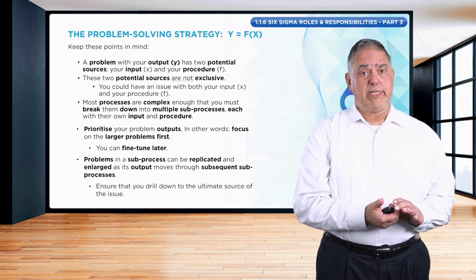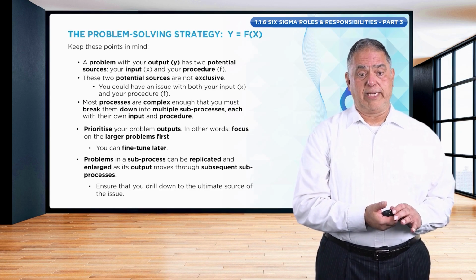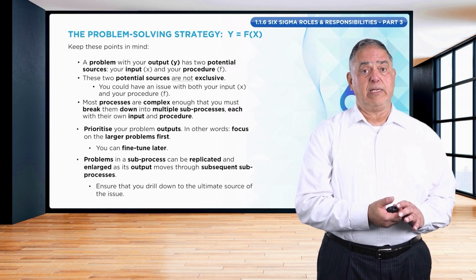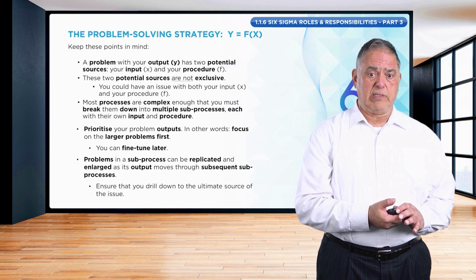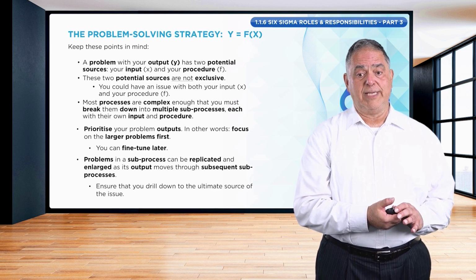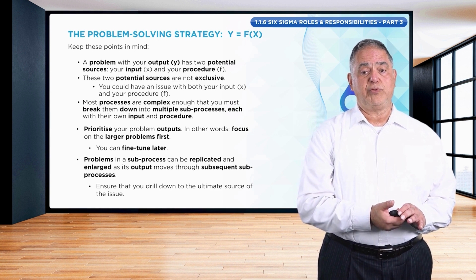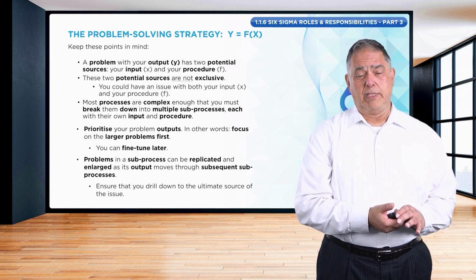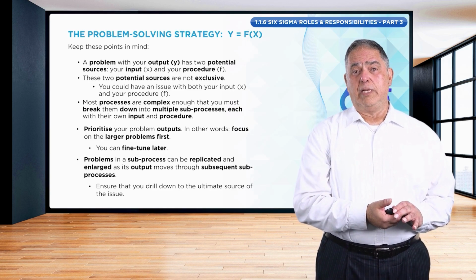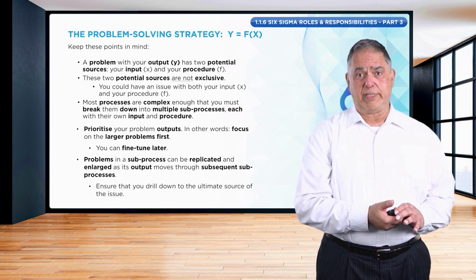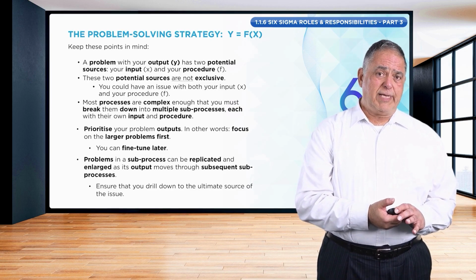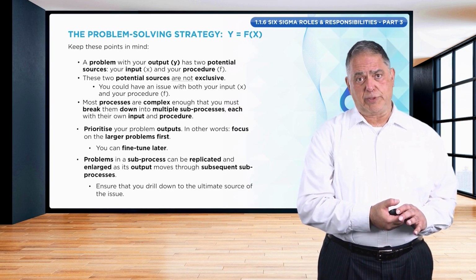So when we're dealing with problems in a sub-process, this can be replicated and enlarged as its output moves through subsequent sub-processes. In other words, if you have, for example, 3 sub-processes, A, B, and C, sub-process A has an input and an output.